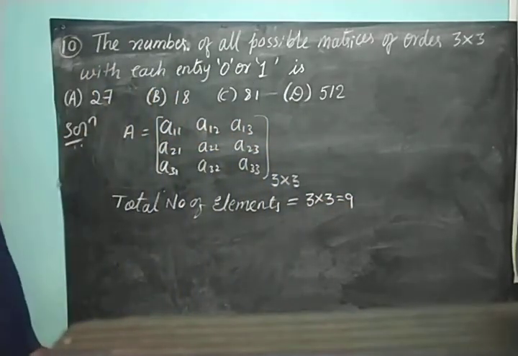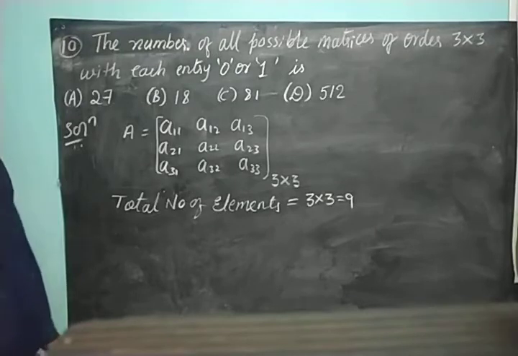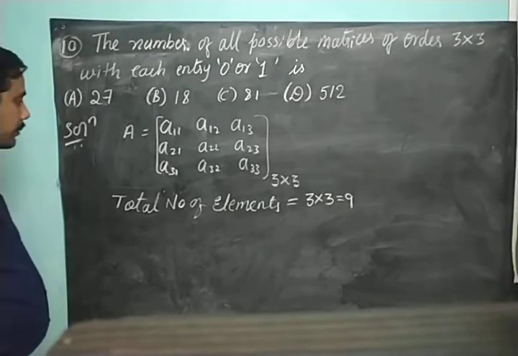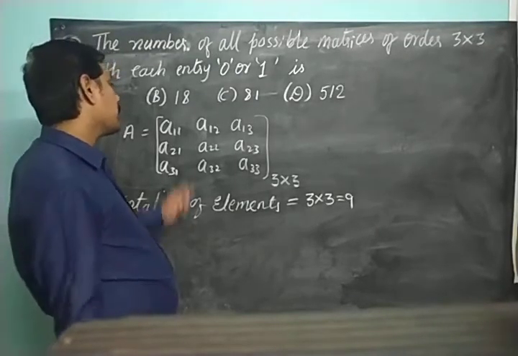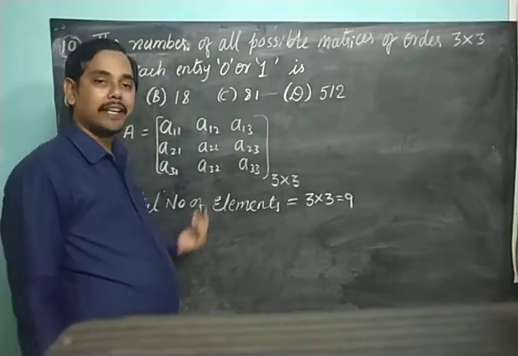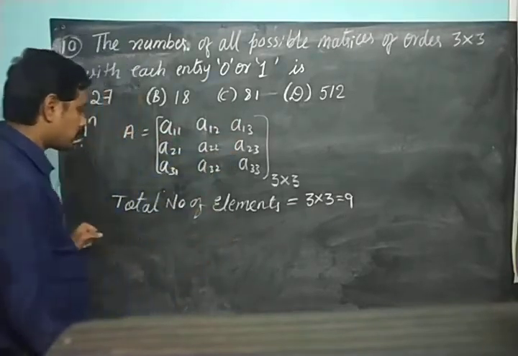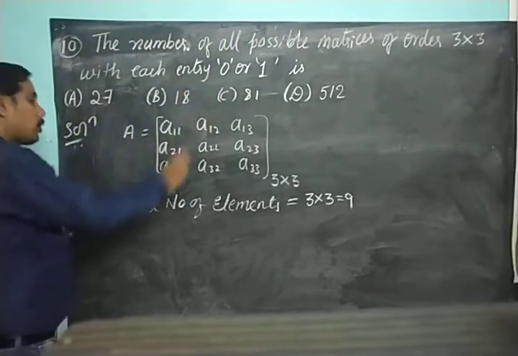Right? So each of the entries can take how many values? 2 values. That is given as 0 or 1.